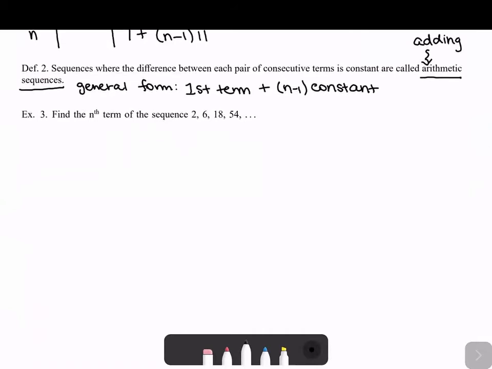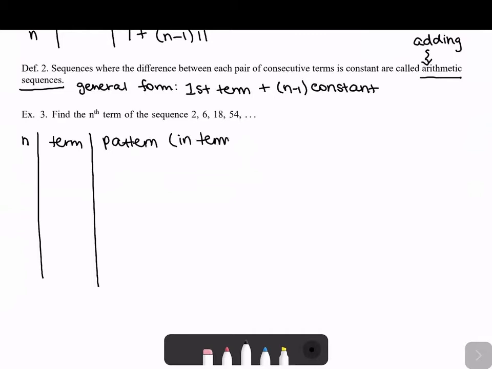So we're finding the nth term in this new sequence. Just like before, we're going to set up a table where we have n, the term in the nth position, and again, we're going to find a pattern that is in terms of n.